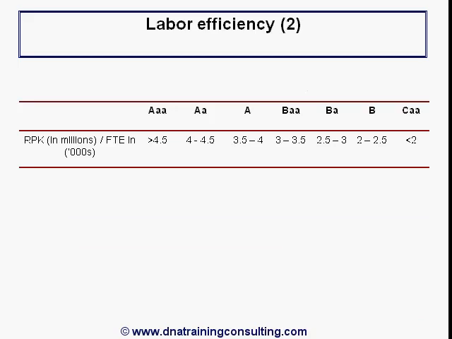The table appearing now converts the RPK-based measure into a broad ratings category just as before, with a ratio above 4.5 million translating into a AAA rating, a ratio below 2 million into a CAA rating, and all ratios in between earning a rating between these two extremes.